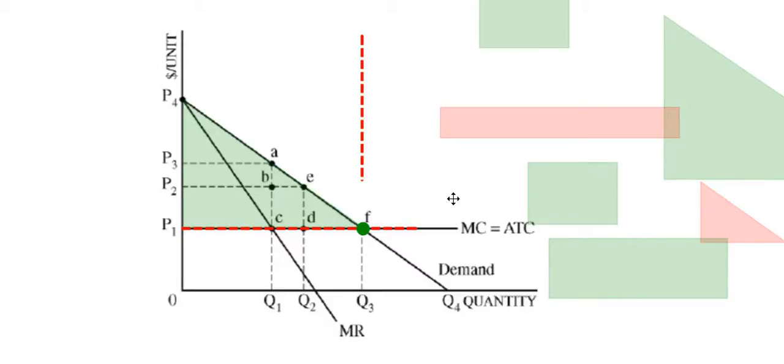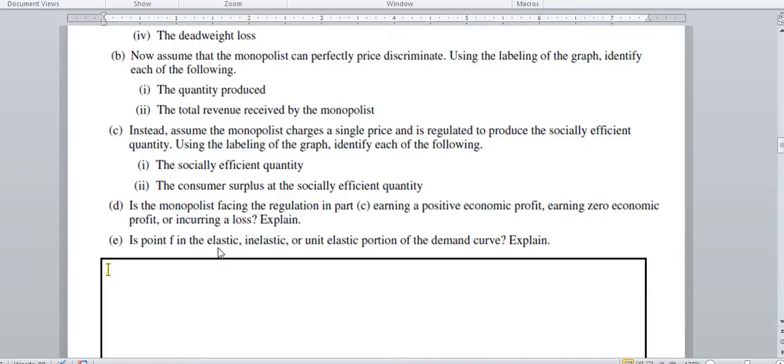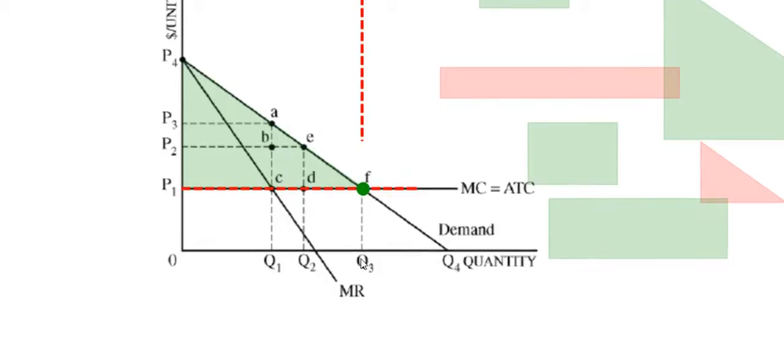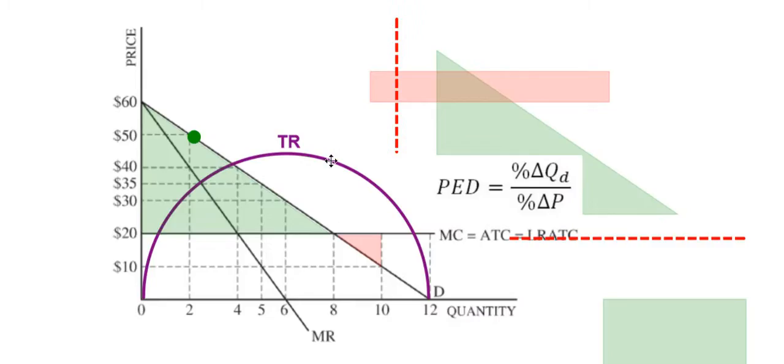So zero. And lastly, Part E. Is the point F on our graph in the elastic, the inelastic, or the unit elastic portion of the demand curve? Explain. So they just want you to simply look at point F. At this point, marginal revenue is negative.